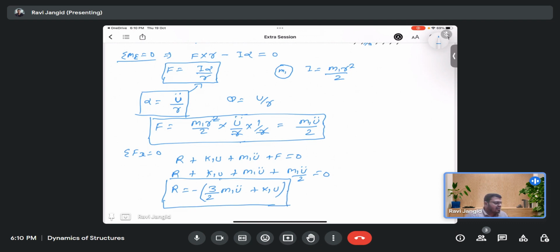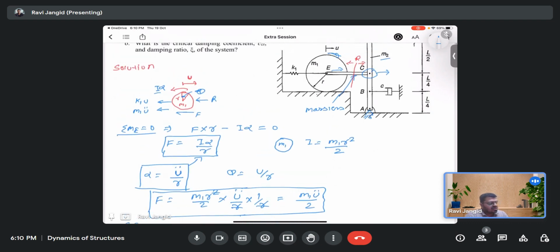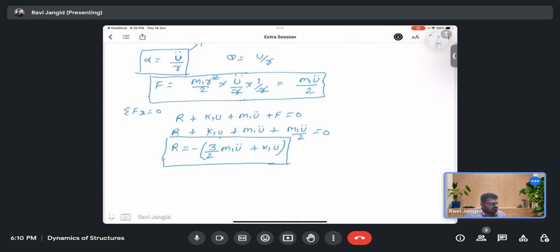Now this is a free body of the plate, or you can call it a disk. Now we are making the free body of rod AD.